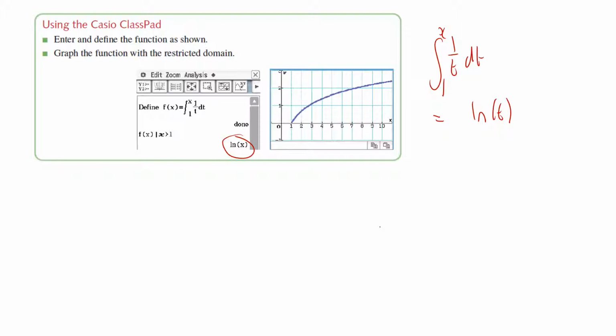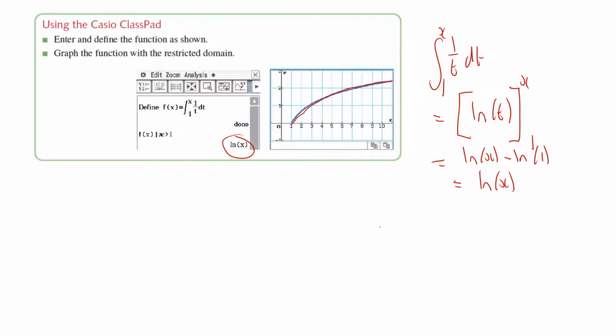Now I don't need to put a mod around that because x is greater than 1. Okay, from 1 to x, leading to the natural log of x minus the natural log of 1. Natural log of 1 is 0, leading to the natural log function. Okay, so that's the curve you see before you. It's a part of the natural log function.